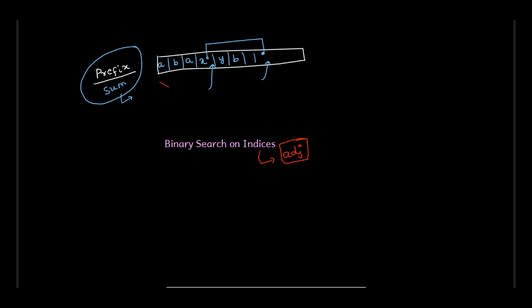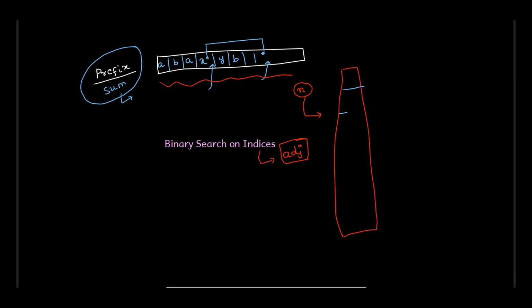So you can see that the total number of unique prefix sums can be at most n. So you create one map which can hold at most n entries, and in each map the key would be the value of the prefix sum. So this is the key a, this is the key, this is the key, and this is the key.